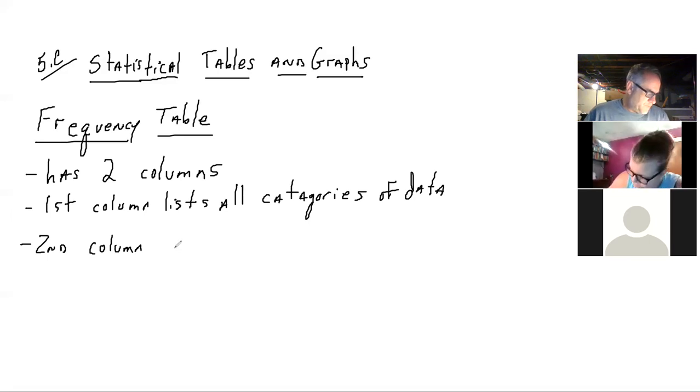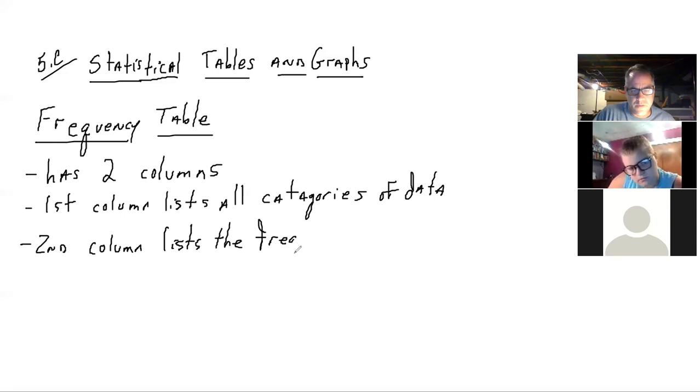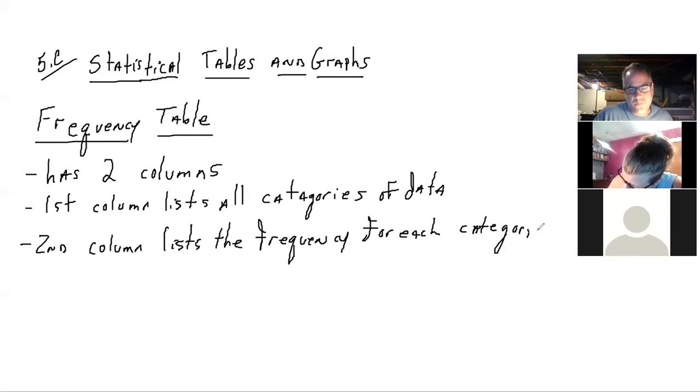And the second column lists the frequency for each category, which is simply how many times you have an occurrence for that particular category.